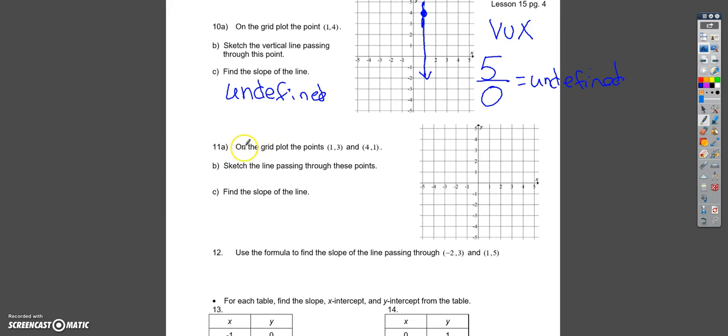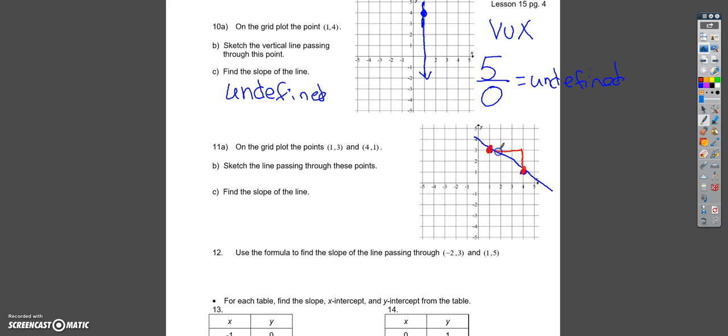This one says, on the grid, plot the points 1, 3, so over 1, up 3, over 4, up 1. Sketch the line that passes through these points. So there's my line. Remember, I said pick 2 good points, so these are 2 good points.